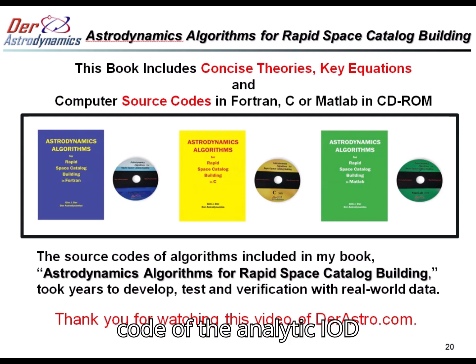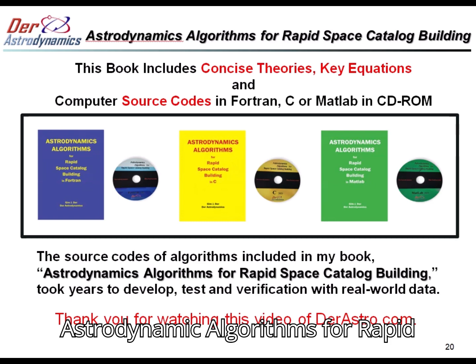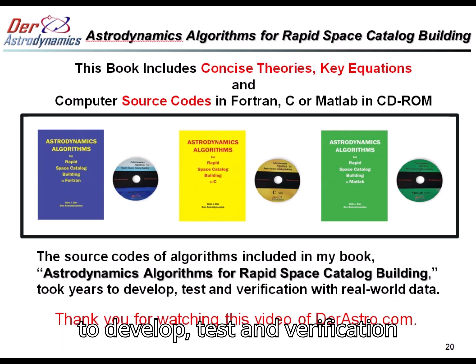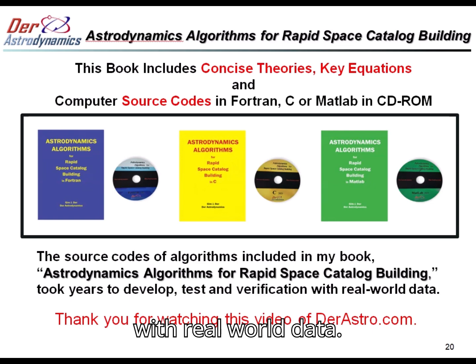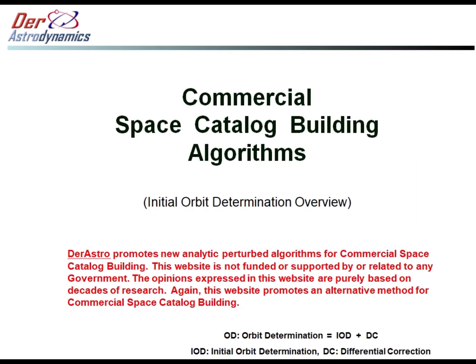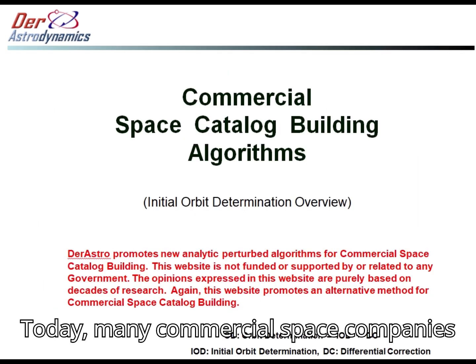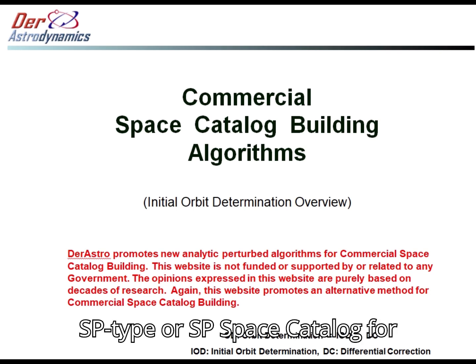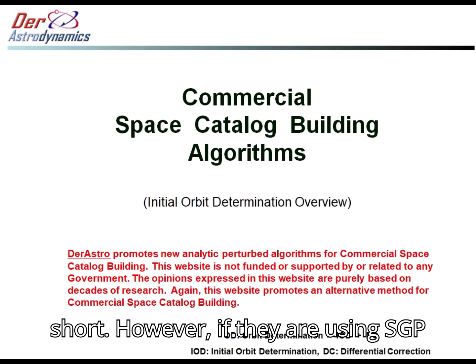The source code of the analytic IOD algorithms 1, 2, and 8 are included in my book, Astrodynamic Algorithms for Rapid Space Catalog Building, which took years to develop, test, and verify with real-world data. Today, many commercial space companies are building their own commercial SP-type or SP space catalog for short.